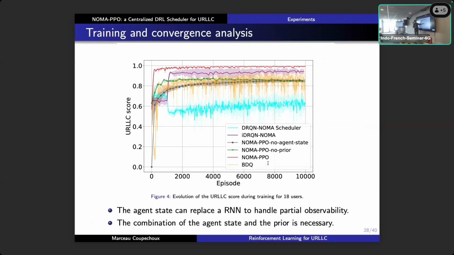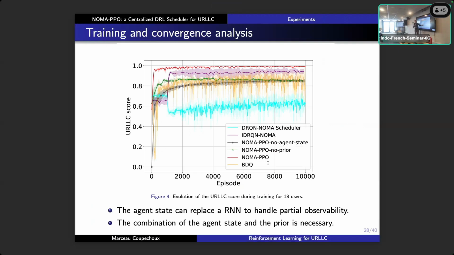There is a traditional deep Q learning, which we have adapted to NOMA, but which failed to converge, in fact, because of the combinatorial problem of the action space. We have a multi-agent deep Q learning, IDRQN NOMA, so we have adapted it. It gives quite good performance, but less than what we have proposed.